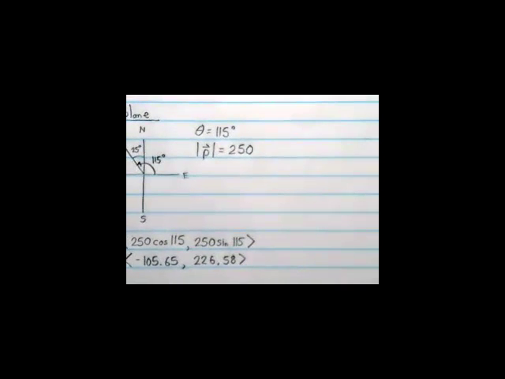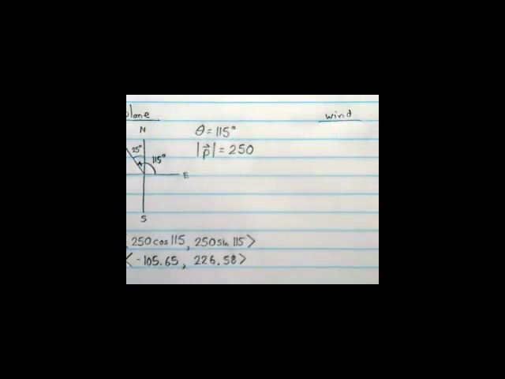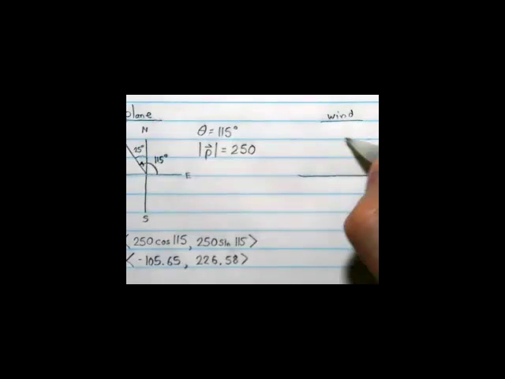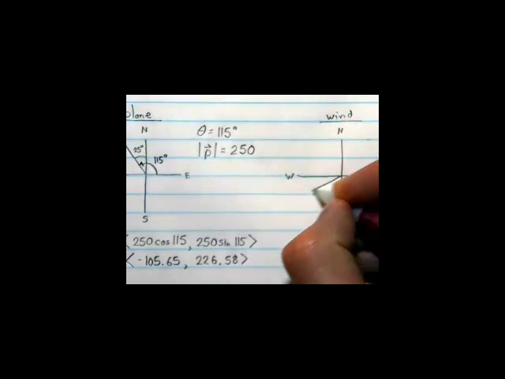All right, so let's do the same thing for the wind. It's pretty much the same process. The compass rose for the wind, if we can draw this out real quick here. Now we've got 10 degrees south of west. So what quadrant does that put us in if we're going south of west? Third quadrant. So right here.